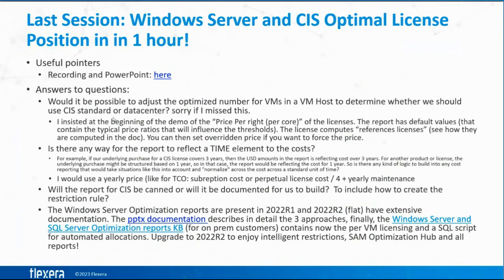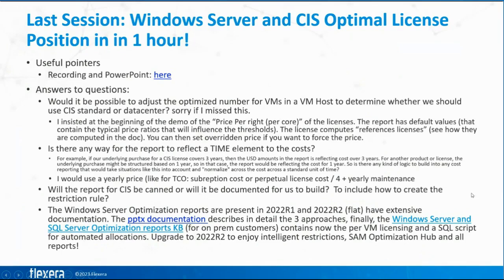If you go back to the presentation or the recording, you will see that this price is taken from the default reference licenses, as we call them, which are basically the licenses maintained with the largest number of purchases and that cover Windows Server Data Center, for instance, or Windows Server Data Center and more products, which is typically what CIS Data Center is.